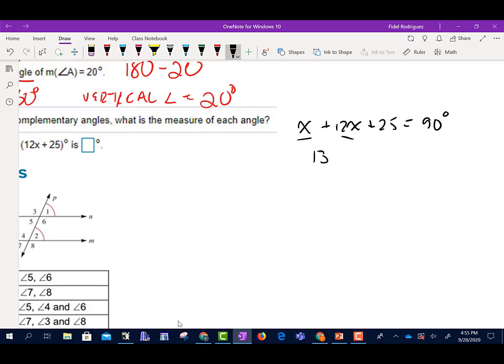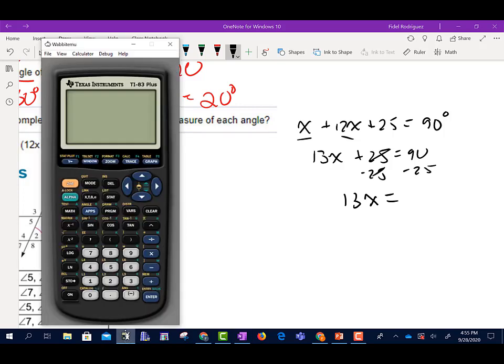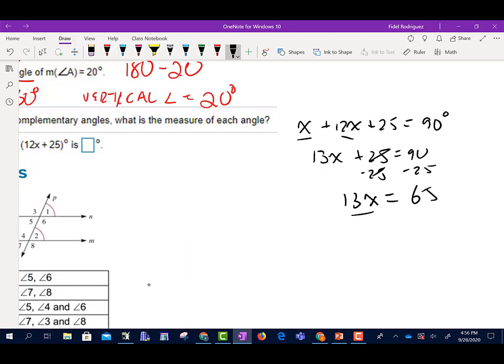So x and 12x is 13x plus 25 equals 90. So I'm going to subtract 25 on both sides. It's going to give me 13x equals, let's take our calculator, 90 minus 25 is 65. So when we divide both sides by 13, I get x being equal to 5.